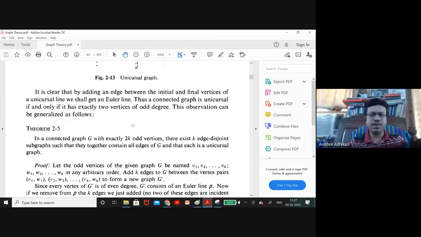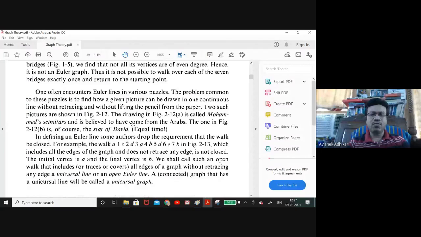In the Eulerian graph, there will be a closed walk, that means it should start from a vertex and end at the same vertex, exploring all the edges exactly once. Now in some graphs, you may start with some vertex and end up with some other vertex, but you can explore all the edges exactly once.